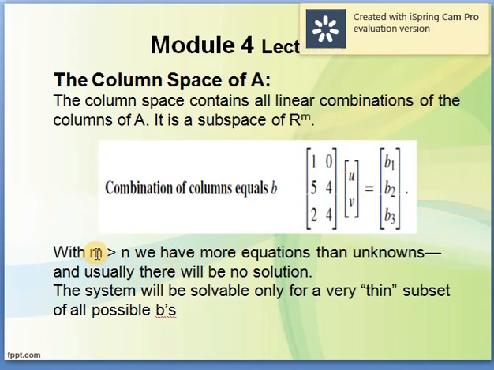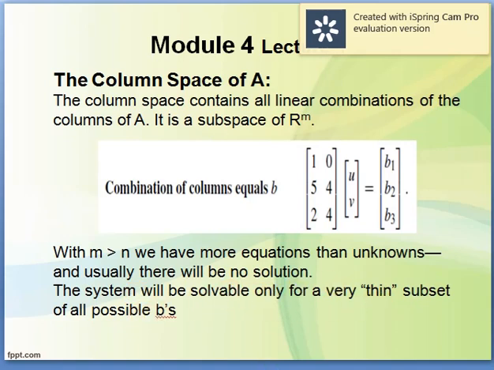Here m, the number of rows, is greater than the number of columns. m indicates the number of rows and n indicates the number of columns. As m is greater than n, 3 is greater than 2. Here we have 2 unknowns, u and v. They can be anything, x1, x2 like this. And there are 3 rows. The number of equations is more than the number of unknowns.